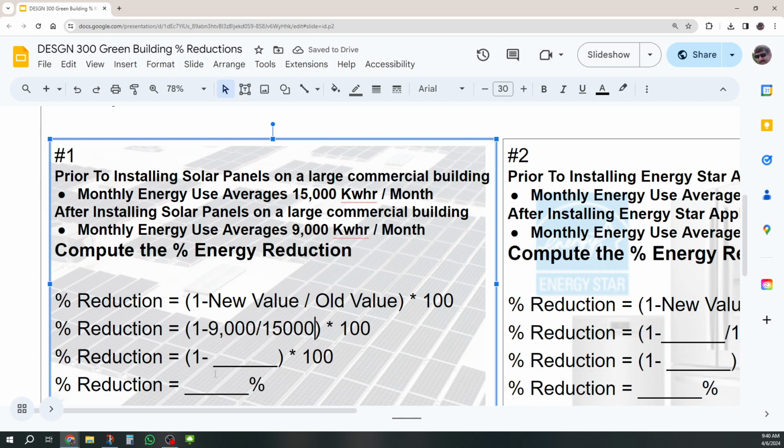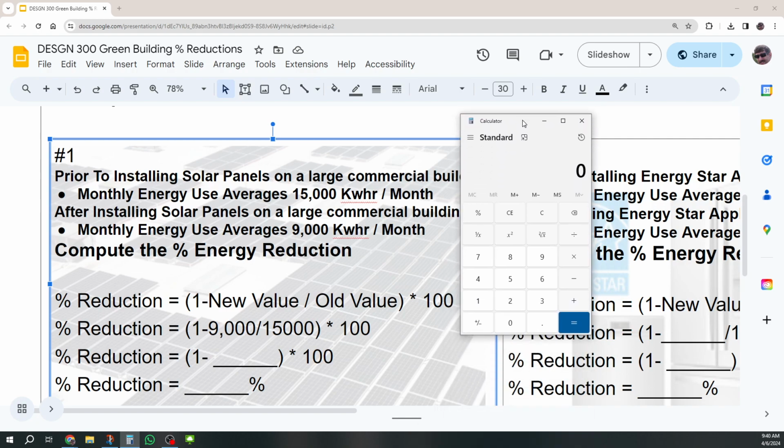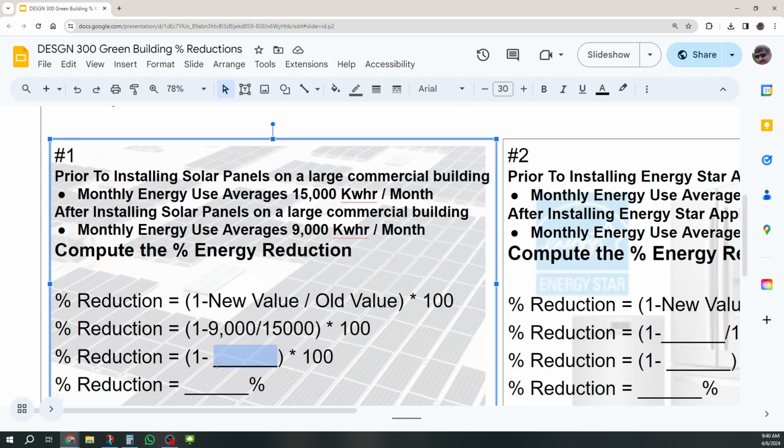And then let's do that calculation up here. So 9,000 divided by 15,000, 0.6. So I can change that with 0.6.